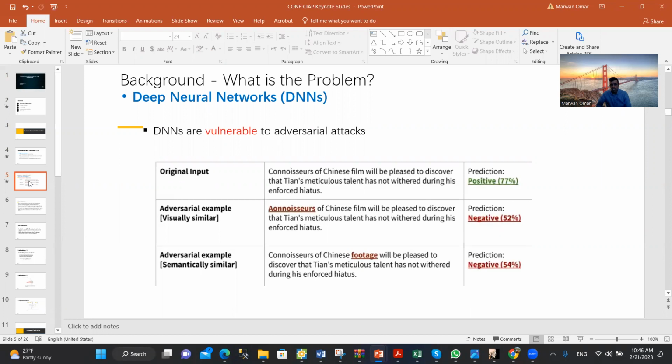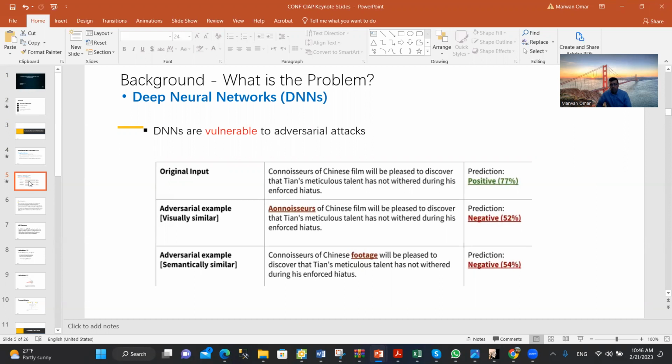This is an original input text for a text classification system. This is a sentiment analysis task. If we were to feed this sentiment to an NLP classifier, meaning a language model that is going to predict, it will predict that this is a positive sentiment from a customer review, with 77% confidence.